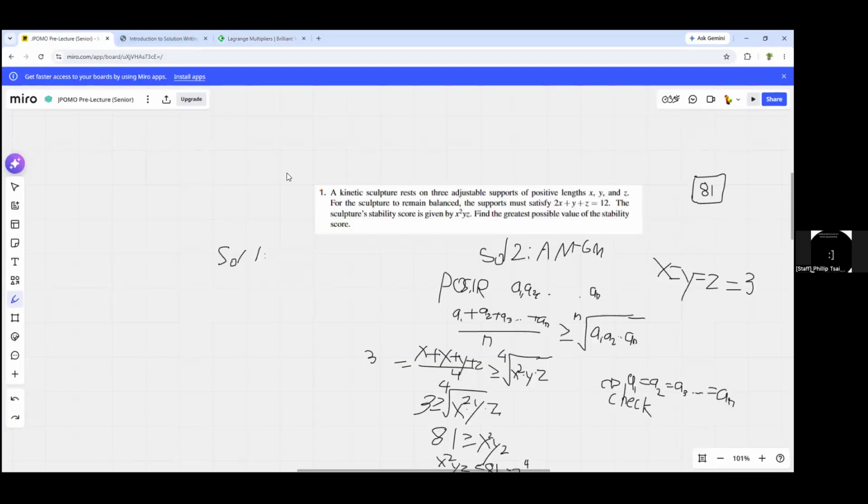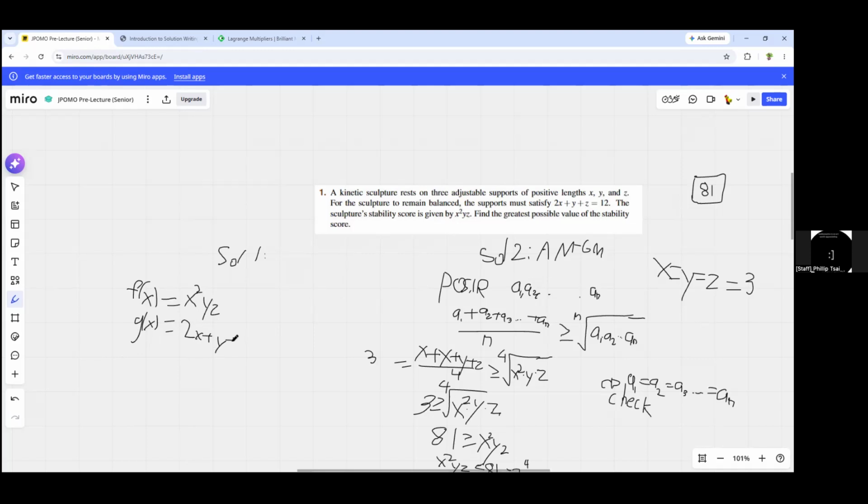We should first note that our f of x is the maximum value we want to find, which means that it must be x squared yz, right? And our g of x must be equal to 2x plus y plus z, right?